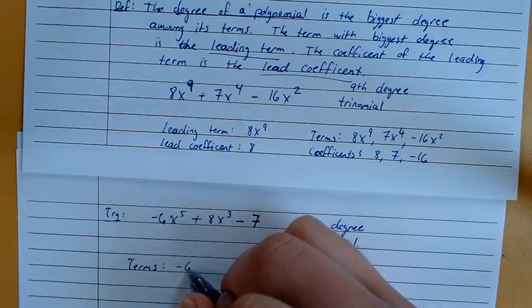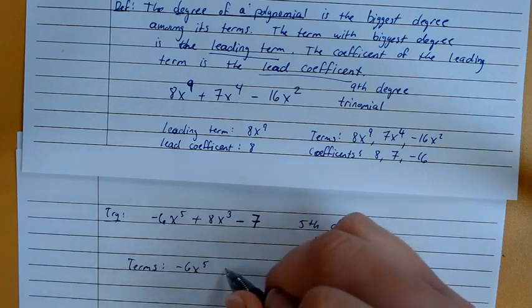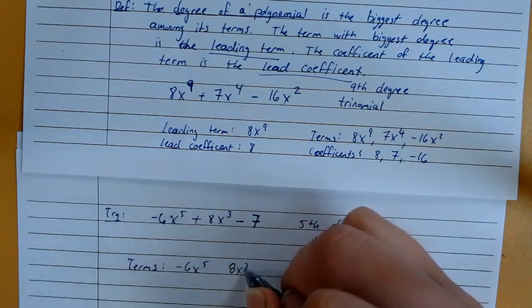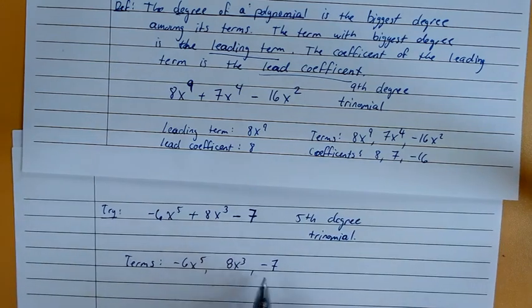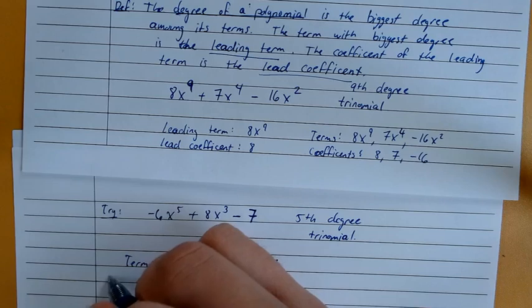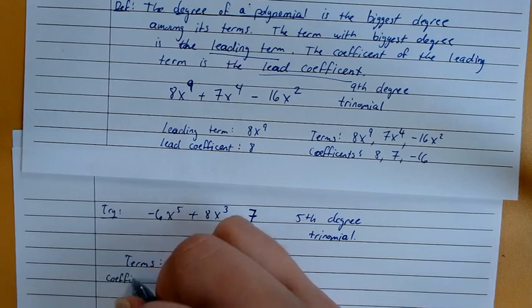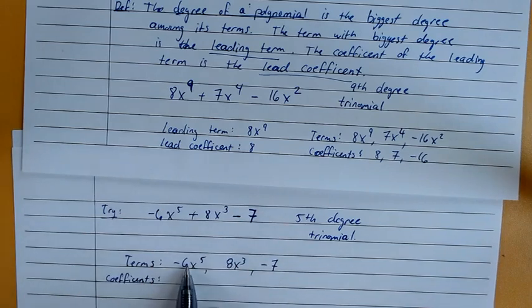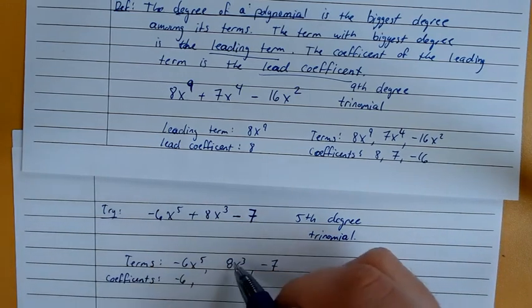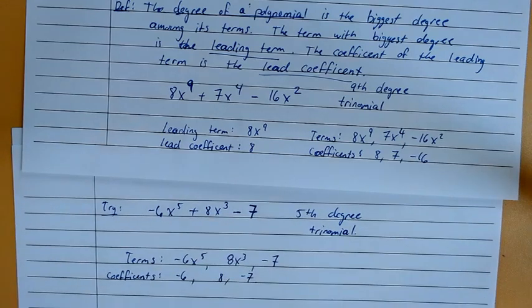Those terms are negative 6x to the 5th power, 8x to the 3rd power, and negative 7. Again, note the negative is part of the term. The coefficients are the negative 6, the positive 8, and the negative 7. Note that each of these has a degree.